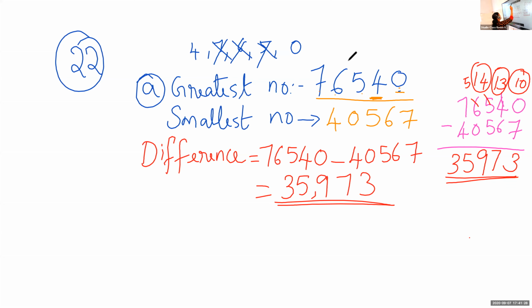Can we do question number B? Okay, tell me the digits. The digits are 2, 3, 1, 7, and 4.